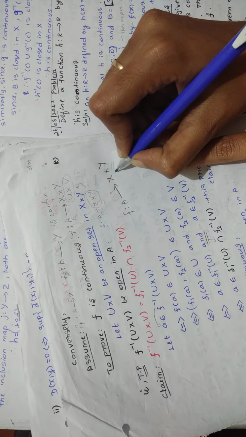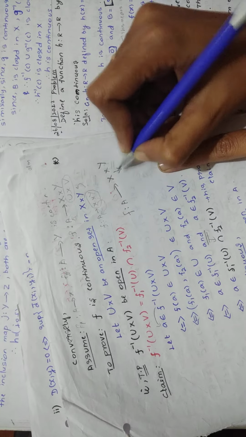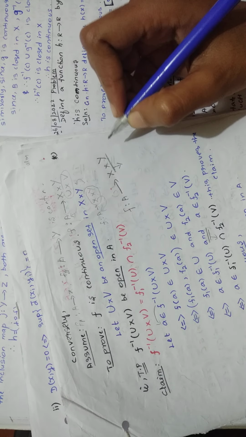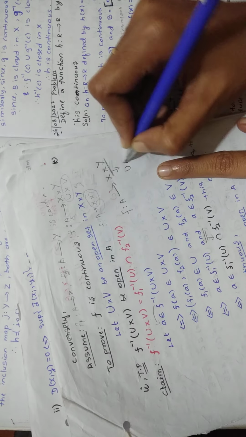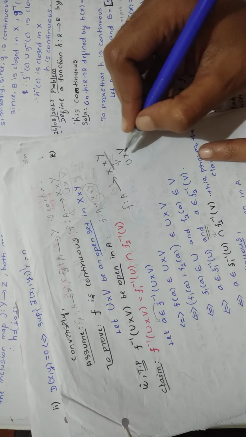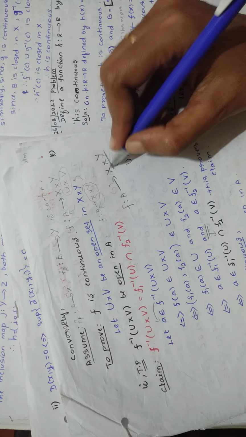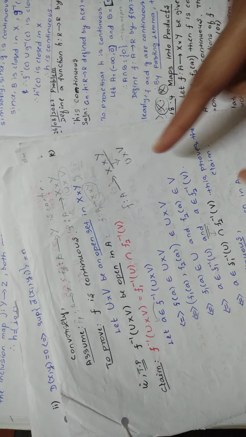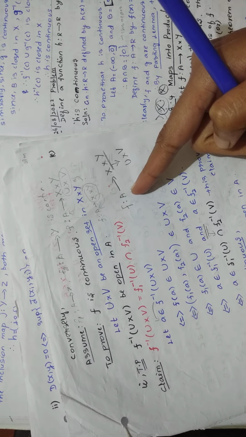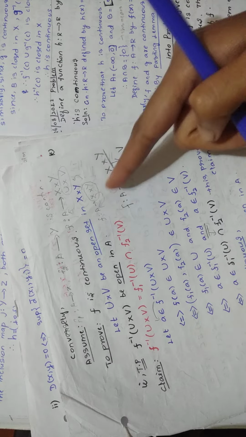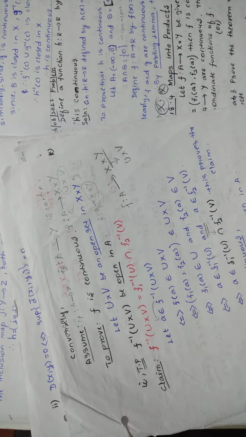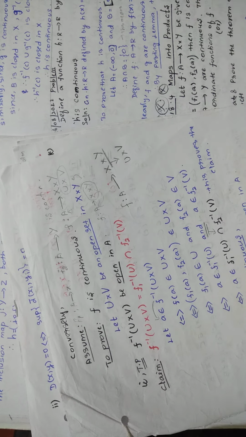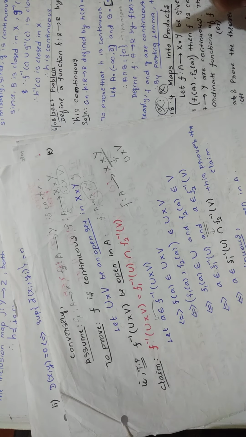Here this set is in x cross y format, so the open set will be like this, u cross v. You are taking an open set from x cross y. If you show the inverse of this open set is open in A, then the result that f is continuous will be proved.